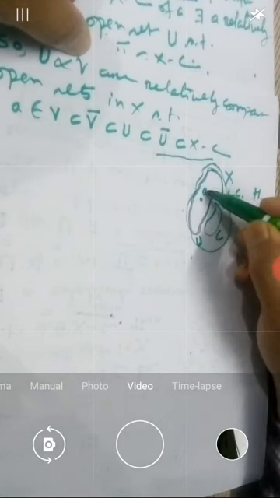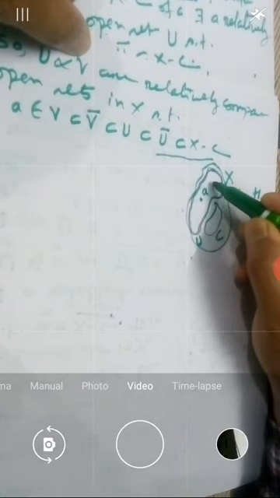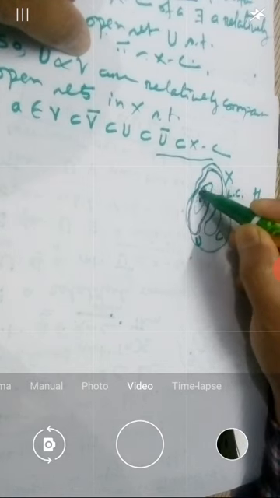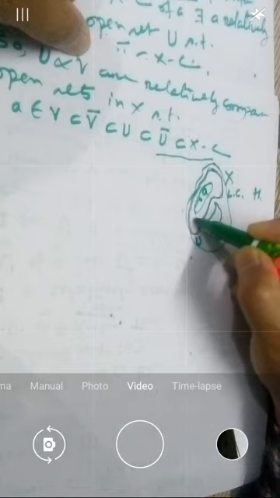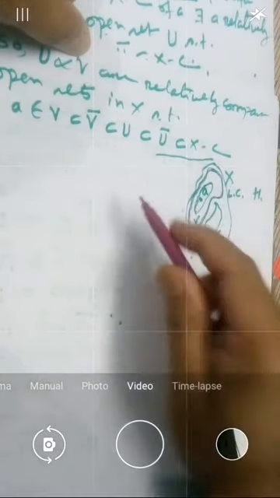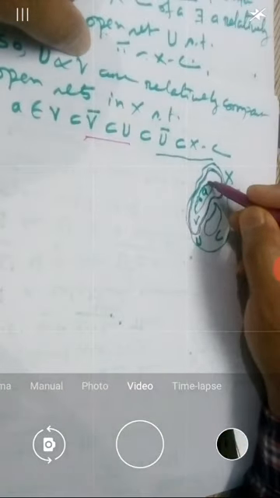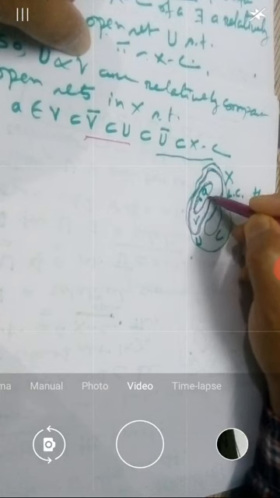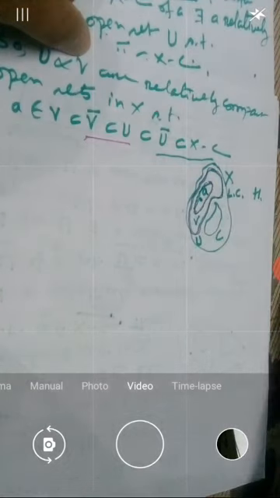Then we got another relatively compact open set V, whose closure is totally contained in this U.